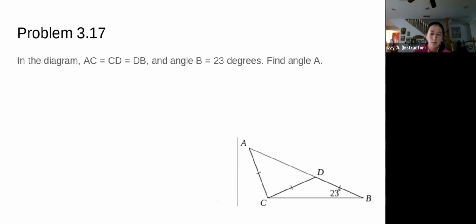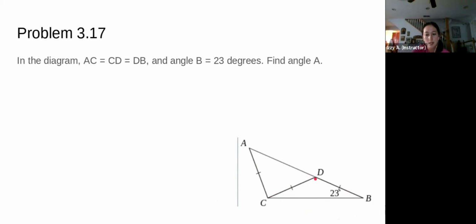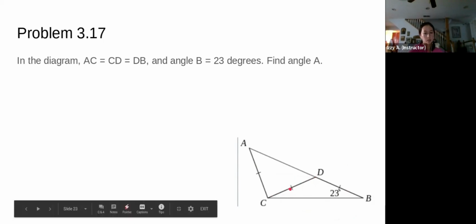But we can see that triangle DCB is going to be an isosceles triangle because two sides are exactly equal. If we know that CD and DB are equal to each other, this means that angle DBC is going to be equal to angle DCB. So then this angle will also equal 23 degrees.